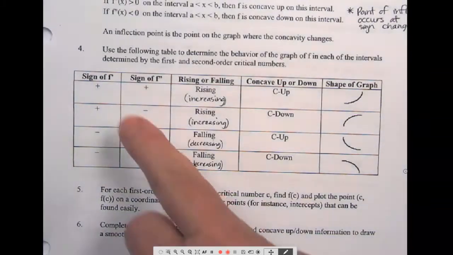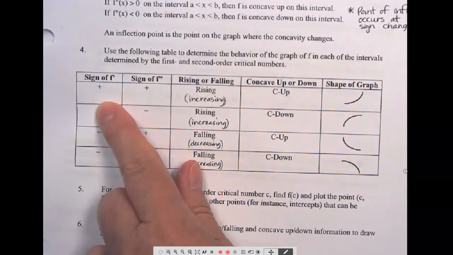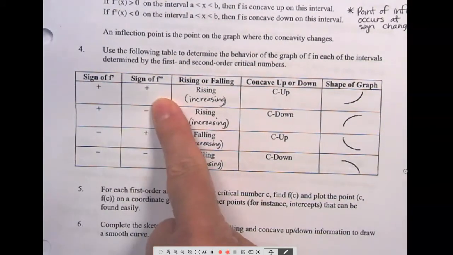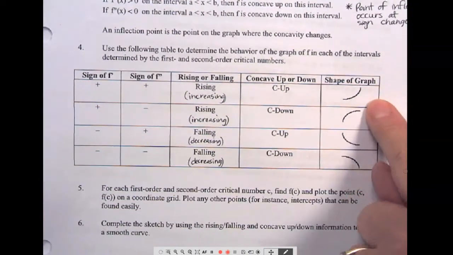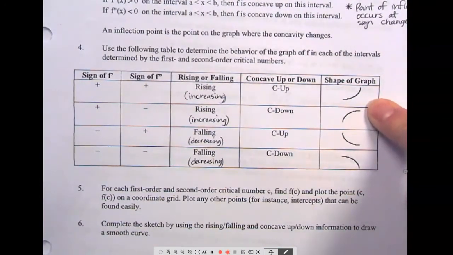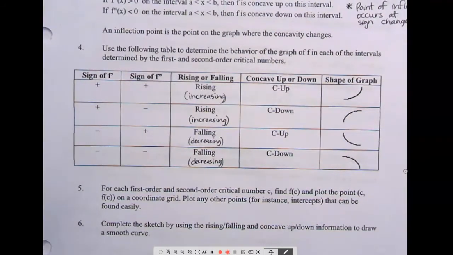So if I know my first derivative is positive, that means the graph is increasing. And if the second derivative is positive, that means it's concave up, which means the graph looks like that. So it helps us sketch graphs based on the signs of those values, first derivative, second derivative.